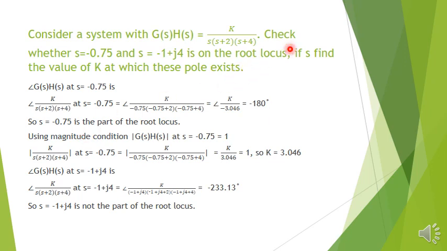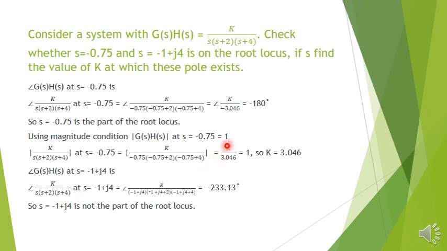Now, if yes, I need to find the value of k at which this pole exists. So to find the value of k using magnitude condition, g of s h of s at s is equal to minus 0.75 should be equal to 1. So magnitude of k by s into s plus 2, s plus 4 at s is equal to minus 0.75, that is equal to magnitude of k by, substituting s value, minus 0.75, plus 2, minus 0.75, plus 4.